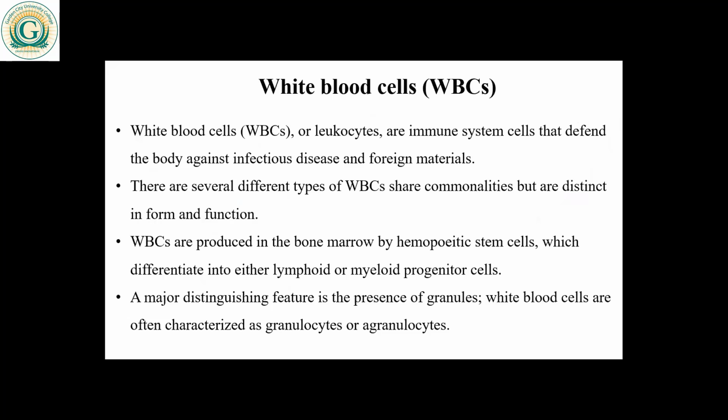We have several different types of white blood cells. They share some common structure and function, and then we also have some in their distinct form, both in structure and in function.